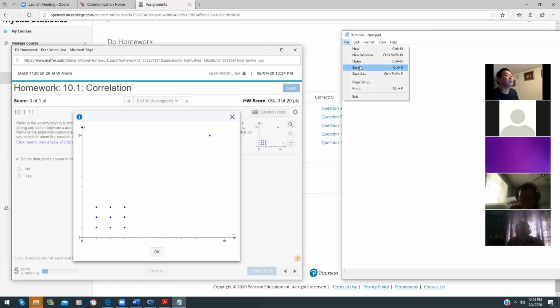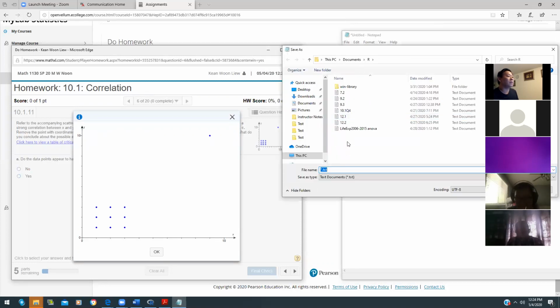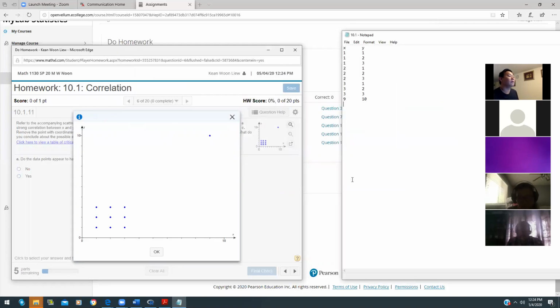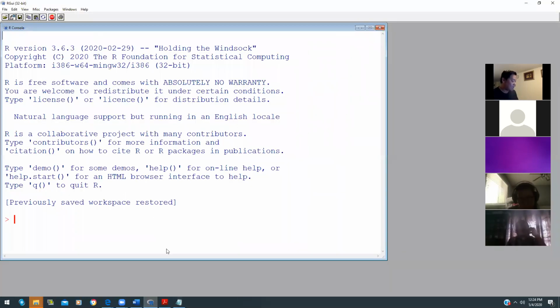So you save your work. I'm going to do chapter 10.1 here. All right. Then you take your R out. And don't use X equals to read table.